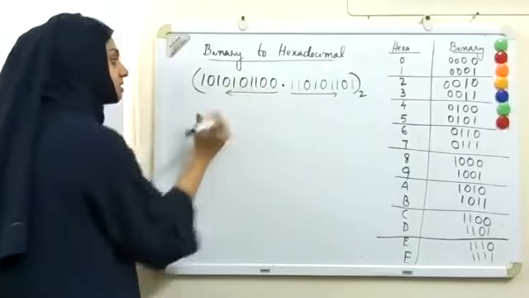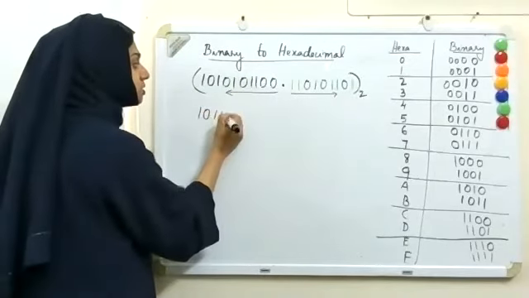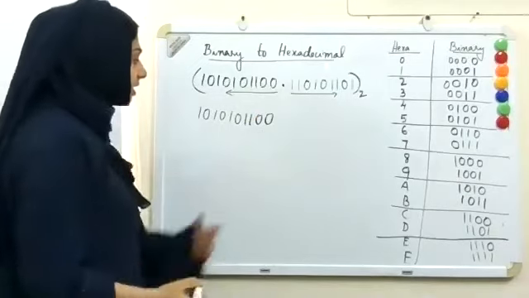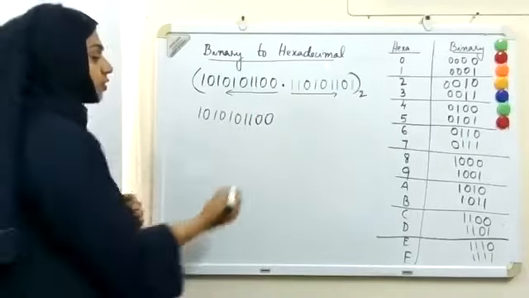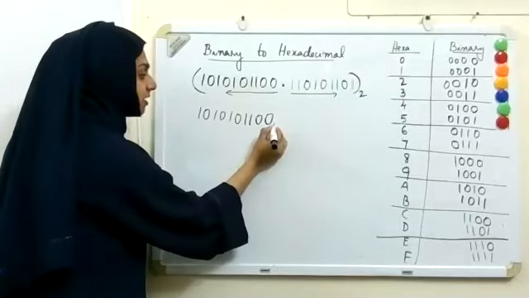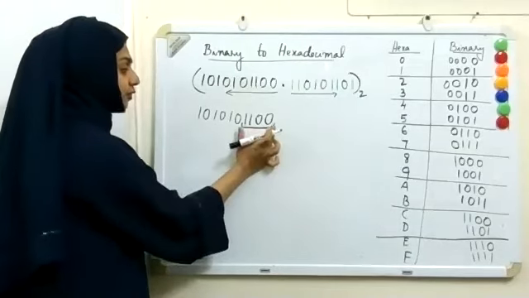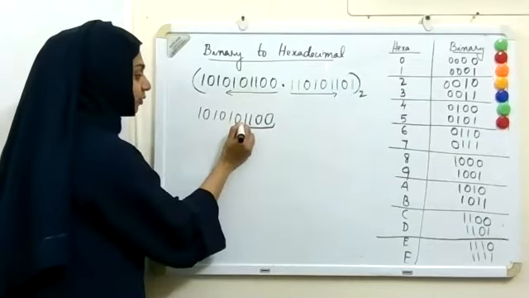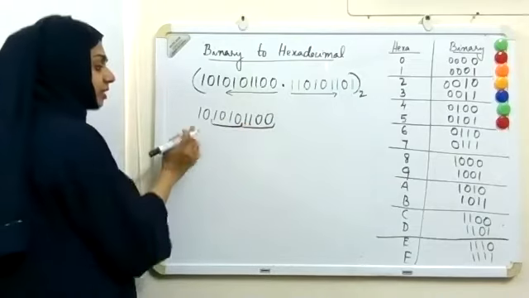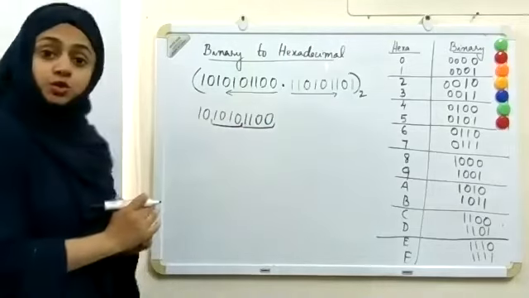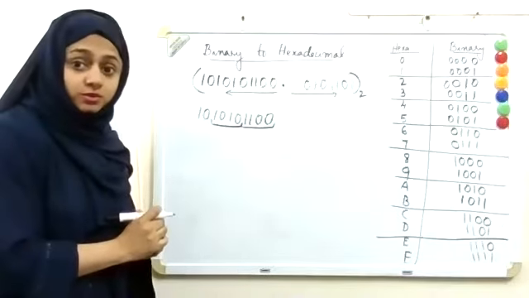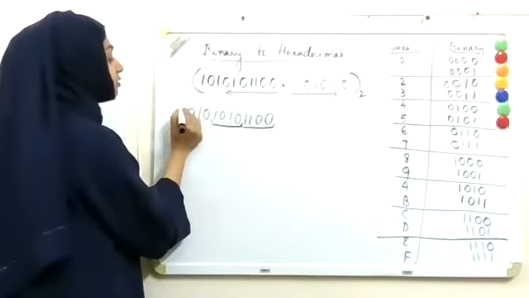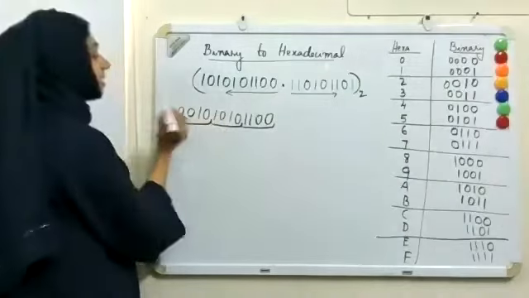So 1 0 1 0 1 0 1 1 0 0. Now let me group into 4. From here to here, 4, and then another 4. Now I have only 2. So what should I do to make it 4? I have to add 2 zeros here and make it 4.